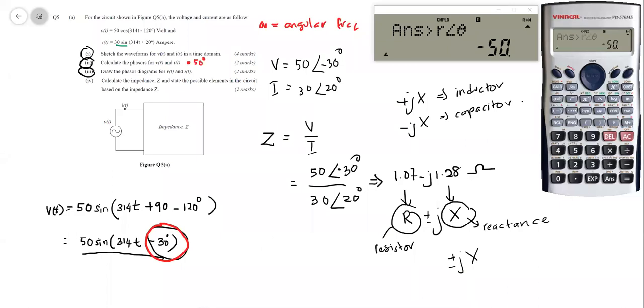So right now, is your reactance part positive or negative? Negative.